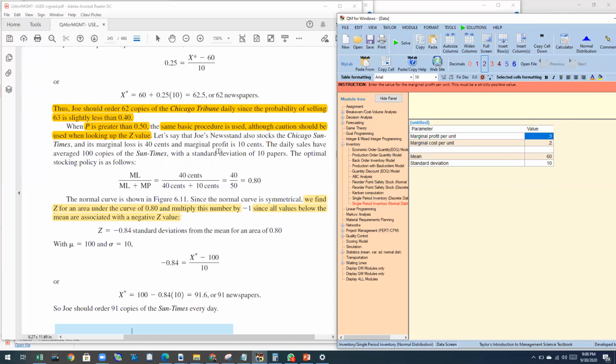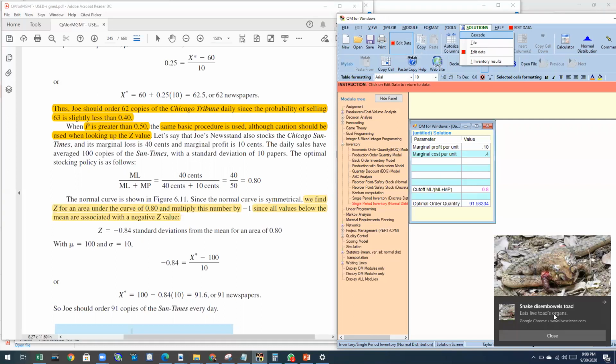Marginal profit is 10 cents, 0.10, and the marginal loss is 40 cents, so 0.40. And the mean of selling Chicago Sun-Times is 100 copies every day with a standard deviation of 10 papers. Okay. Then we solve for it.